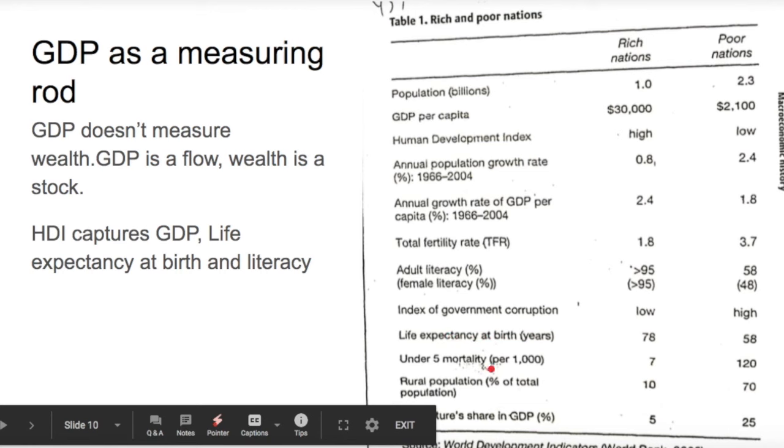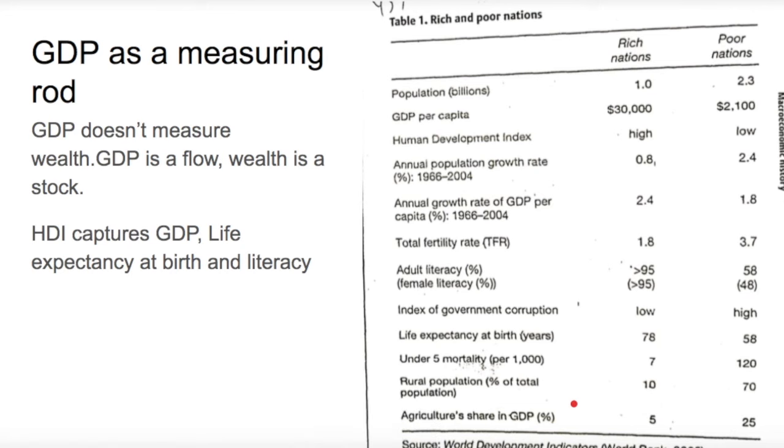Life expectancy is an indicator of health, and under-5 mortality is also an indicator of health. Life expectancy is higher in rich nations vis-a-vis poor nations. Under-5 mortality is very low in rich nations, 7 per 1,000 people, whereas it's 120 per 1,000 in poor nations. Rural population is only 10%, whereas it's 70% in poor nations. Agriculture's share in GDP is 5% in rich nations, whereas it's 25% in poor nations.